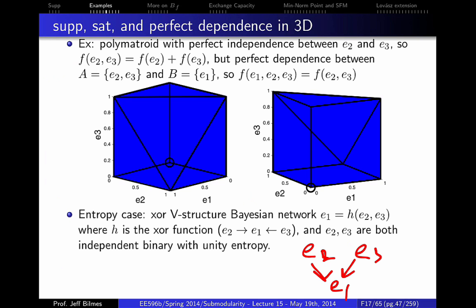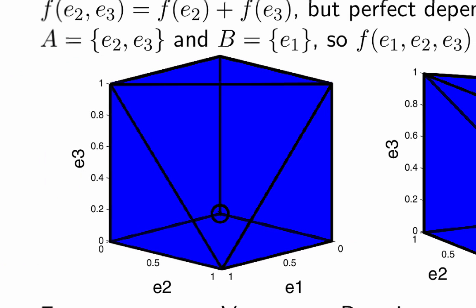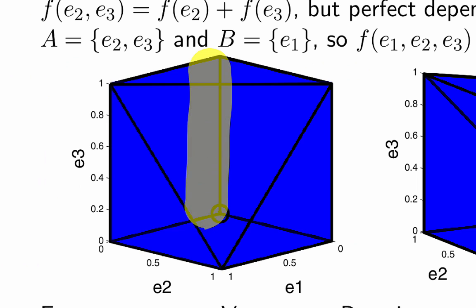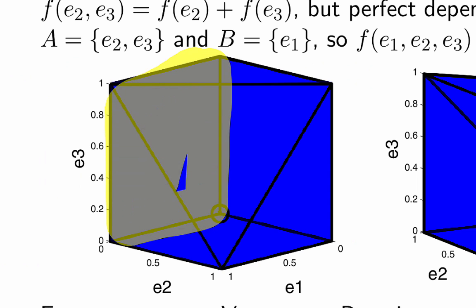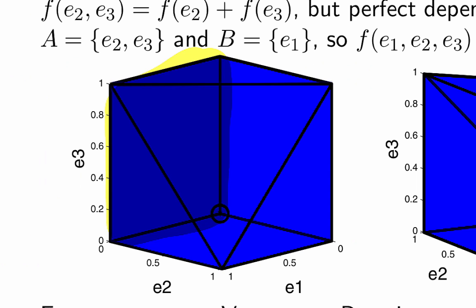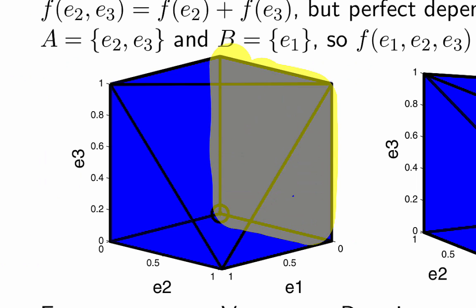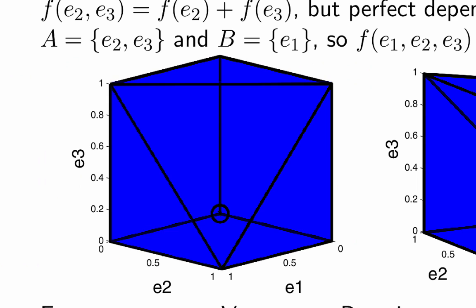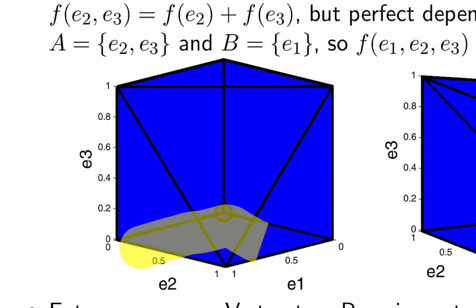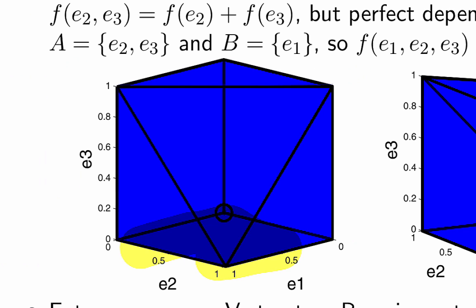Now, how do we get pairwise independence from this figure? Look at all the faces. That's a square there, this is a square here, and this is a square down here. So all pairs are independent.